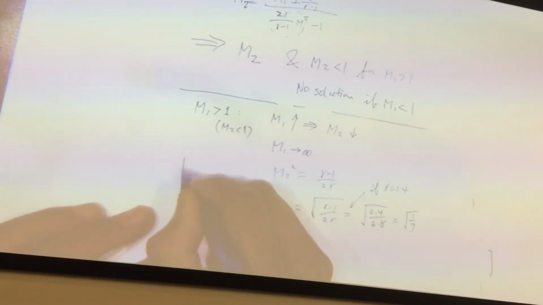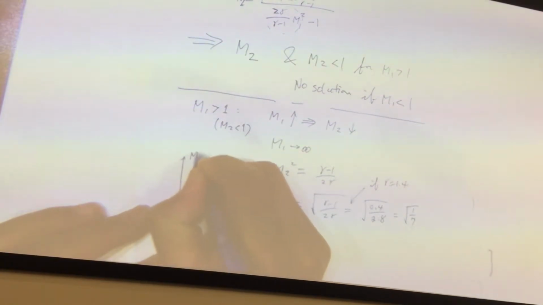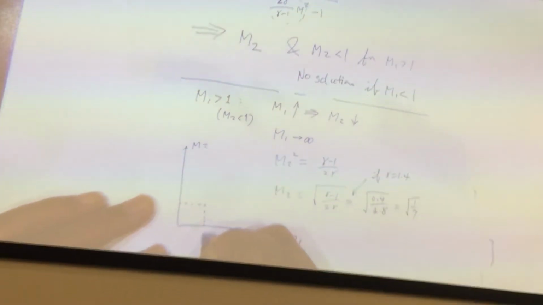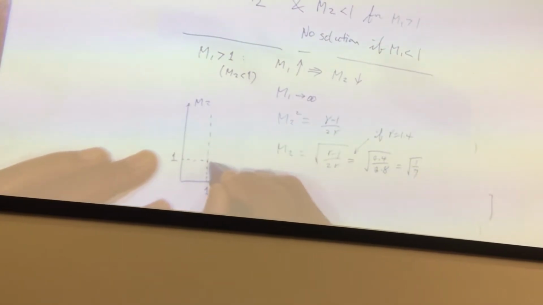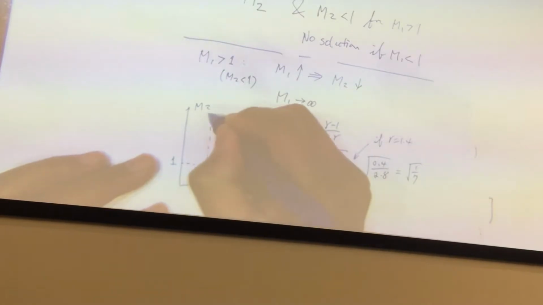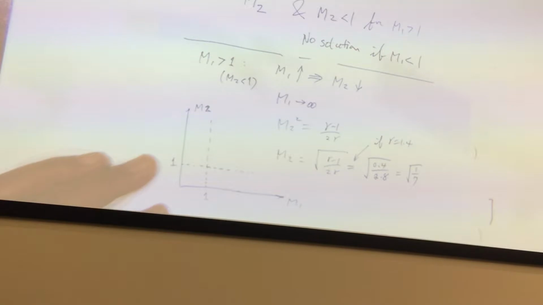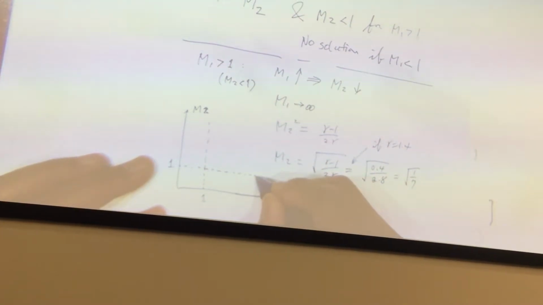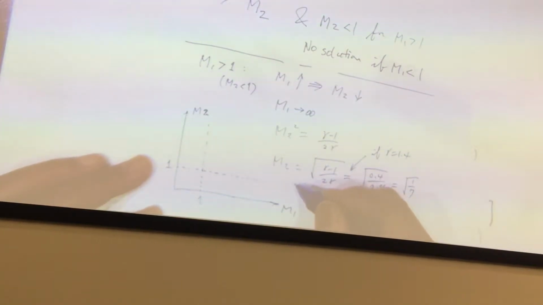So you will probably find out that if this is M1 and this is M2, you have a trivial solution, which is 1 and 1, but only for M1 greater than 1 do you have a solution.